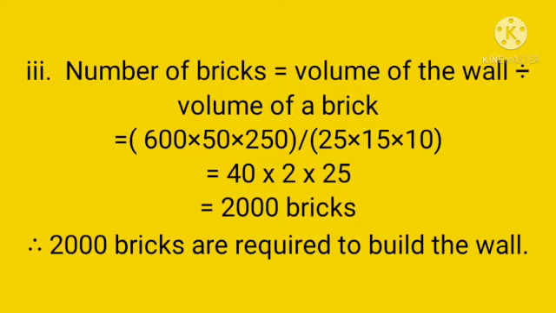Therefore, number of bricks is equal to 600 multiplied by 50 multiplied by 250 divided by 25 into 15 into 10, which is equal to 40 multiplied by 2 multiplied by 25, which is equal to 2000 bricks. Therefore, 2000 bricks are required to build the wall.